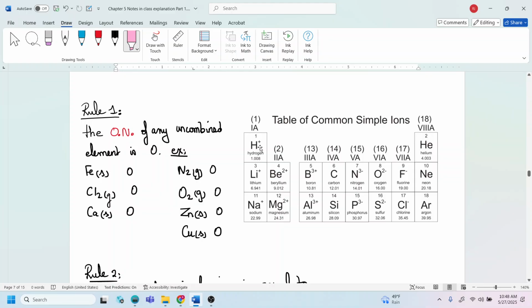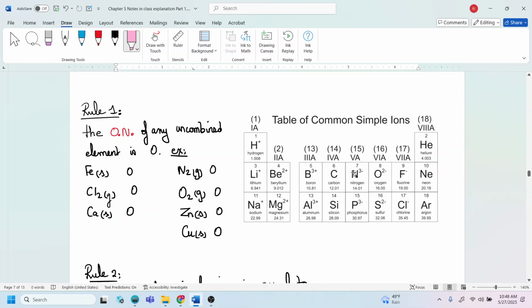A metal can lose one electron, two electrons, three electrons, four, etc. So group number one loses one electron, group number two loses two electrons, and then going to group number three, I'm skipping the transition metals, group number three loses three electrons. And then group number four can either lose four electrons or gain four electrons or have a zero charge. It really depends.